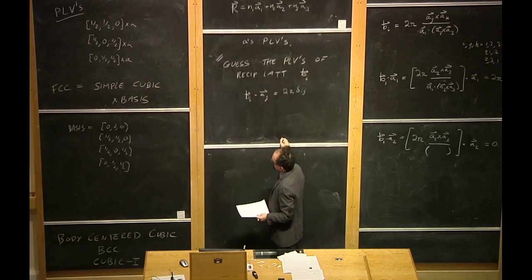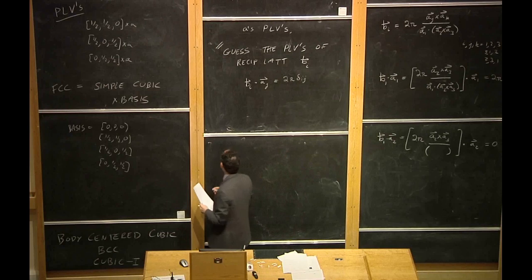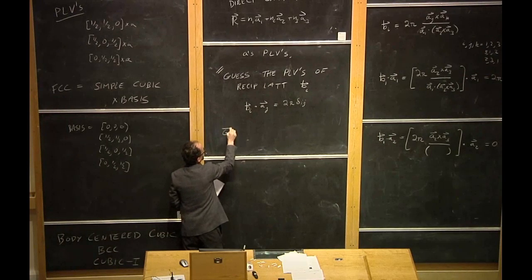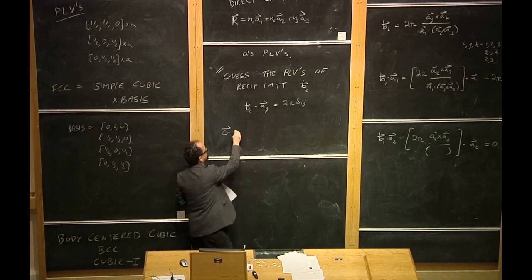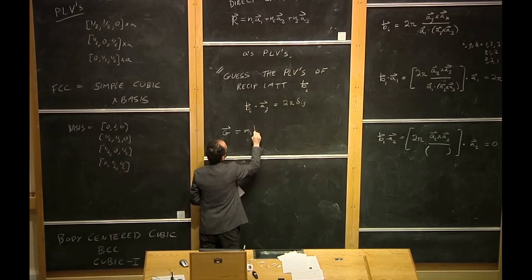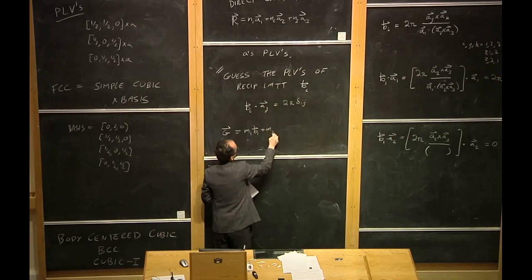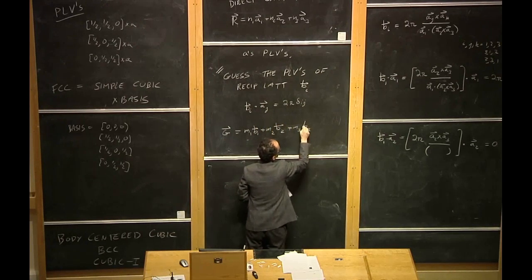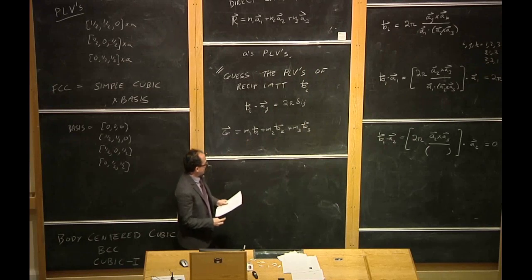Okay, so now we have a guess for what our reciprocal lattice vectors are. We would write down our reciprocal lattice vectors G as M1 B1 plus M2 B2 plus M3 B3. That's going to be our guess right now.